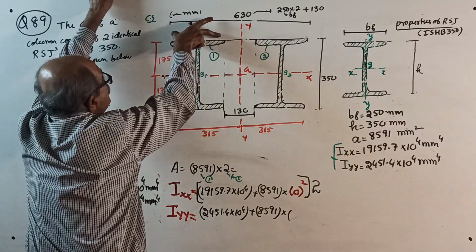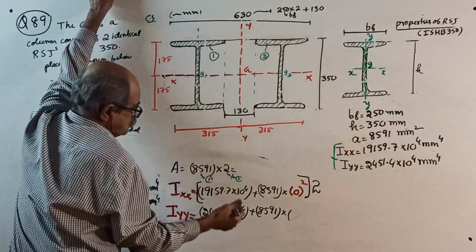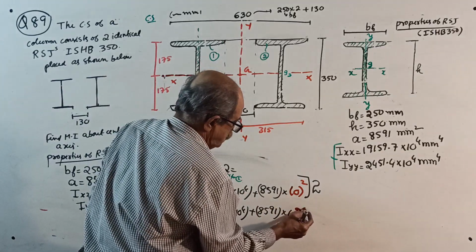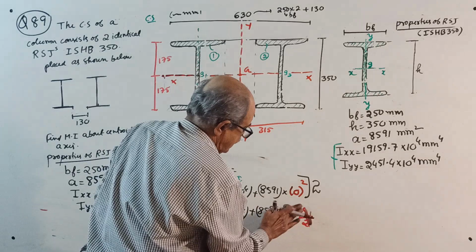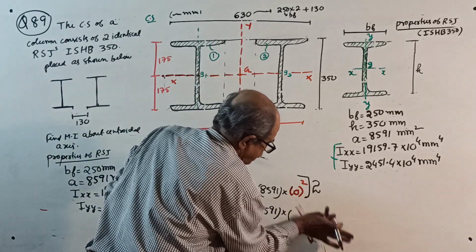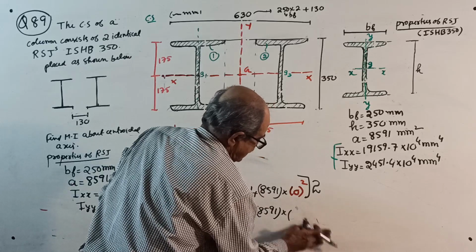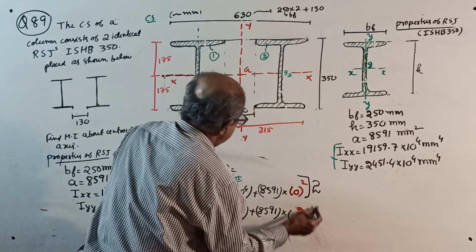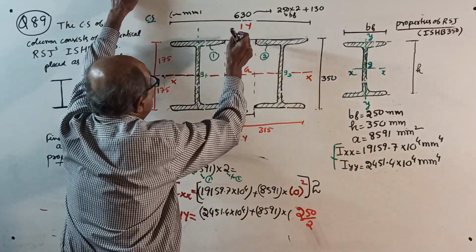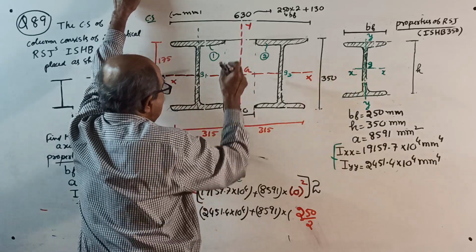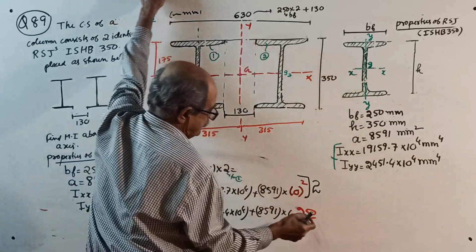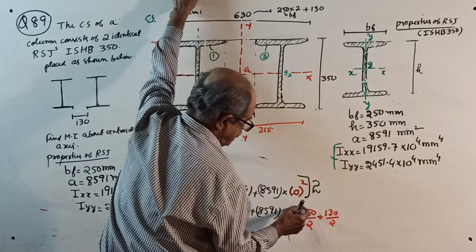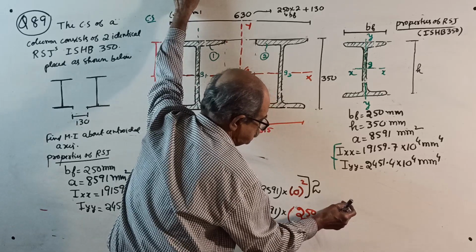This is 250, means 250 by 2 into, see, I write neatly, it's a very important term for channel section, okay. 250 by 2 is from here to here, plus this is 130, means exactly midpoint, plus 130 by 2, that one whole square.